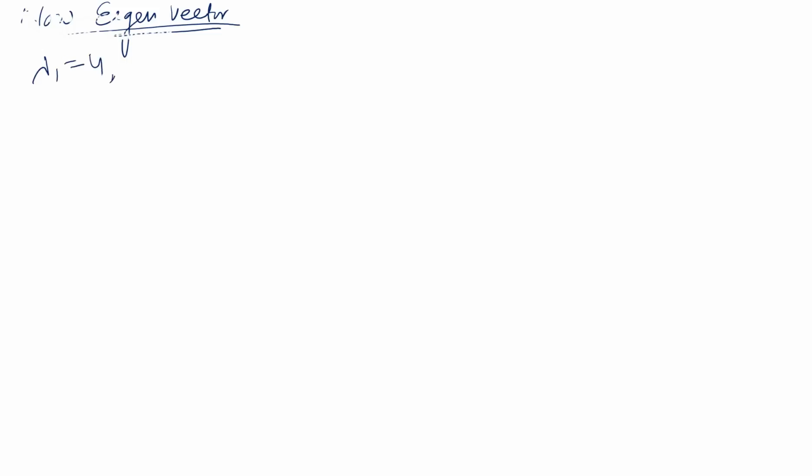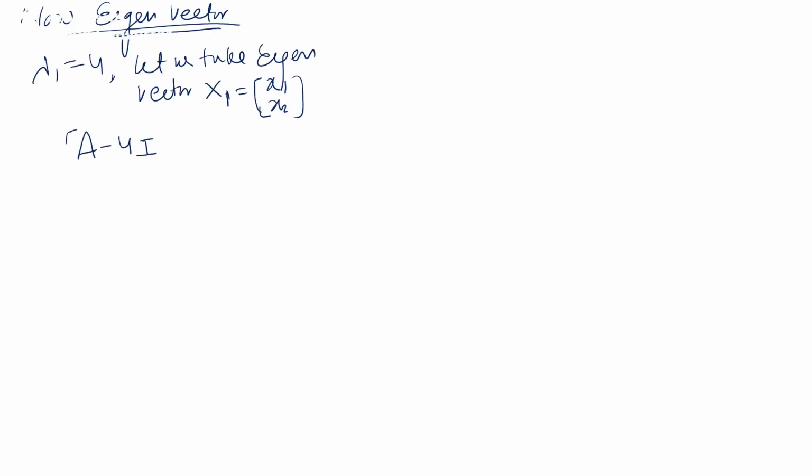So let us take the eigenvector as x1, that is x1 or x2. Then we write (A minus 4I) times x1 is equal to 0.